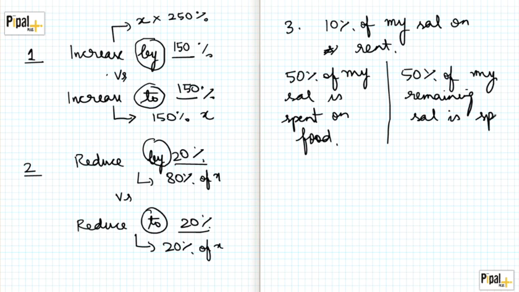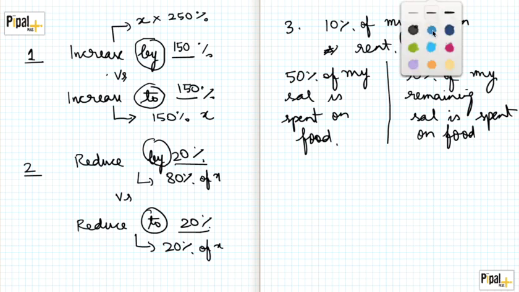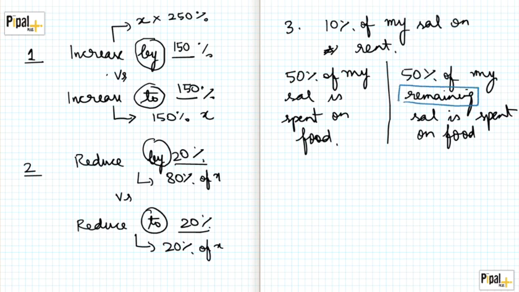is spent on food. Now notice that there is a very small difference, and the small difference is this word remaining, right? This word has made an appearance, and this word is going to change the entire meaning of the sentence. How? In this case, I'm saying that 50% of my salary is spent on food.